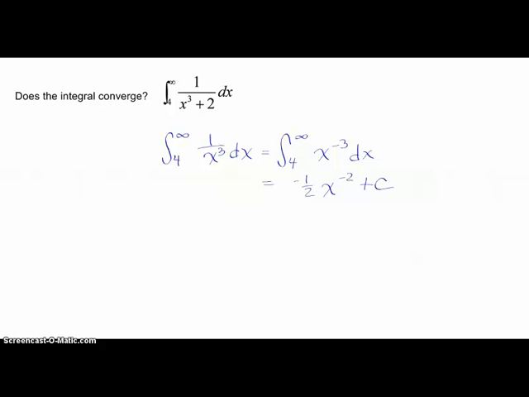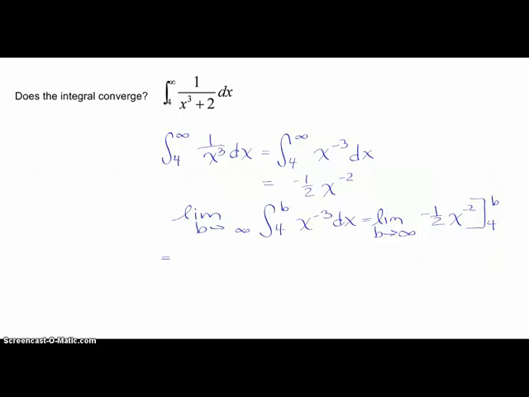That's what I would get for the indefinite, but this is a definite. So let's plop that inside our limit. We would show the AP reader that we are evaluating this integral, and our result would be the limit as b approaches infinity of negative 1/2 x to the negative 2 from 4 up to b.